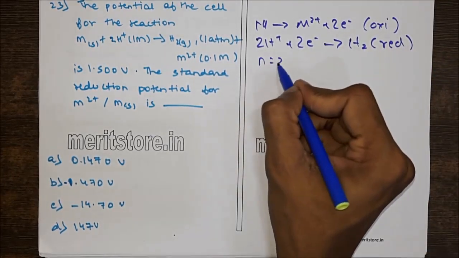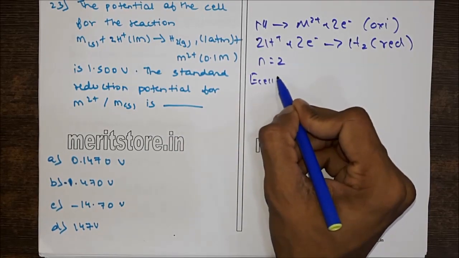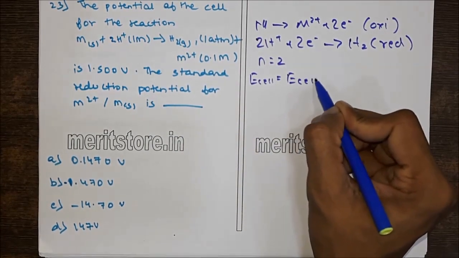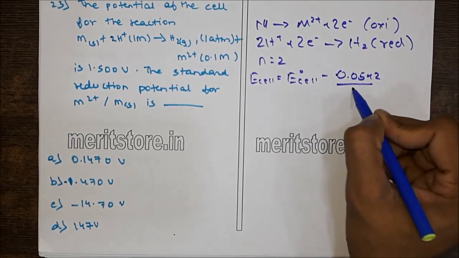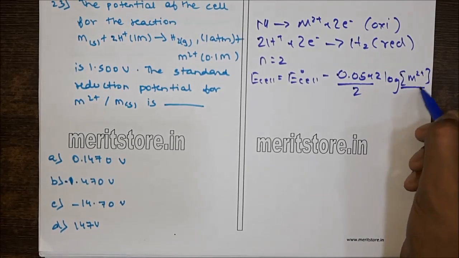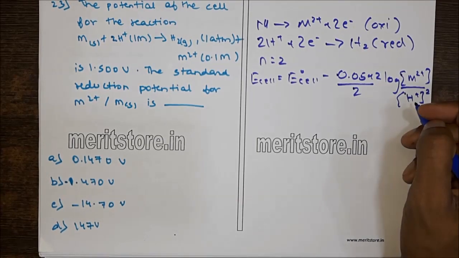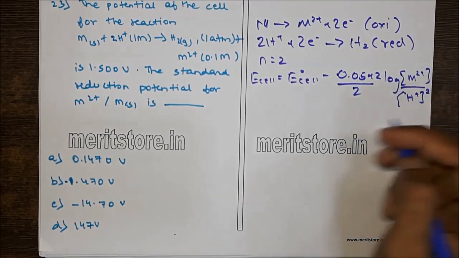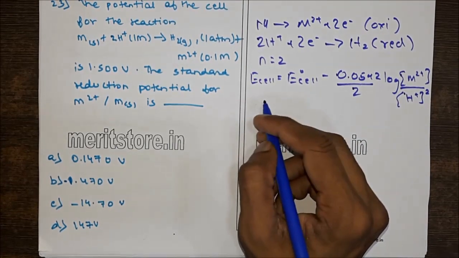So we have n equal to 2. So for E cell, we substitute the values; we have E cell as 1.5.